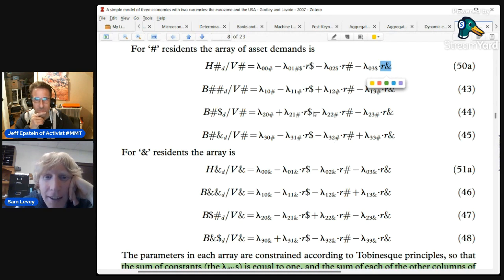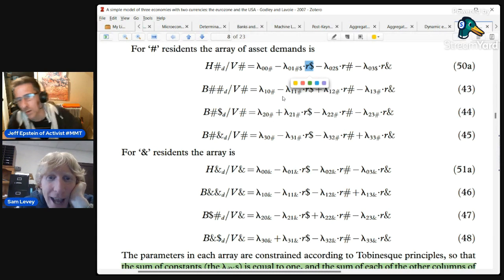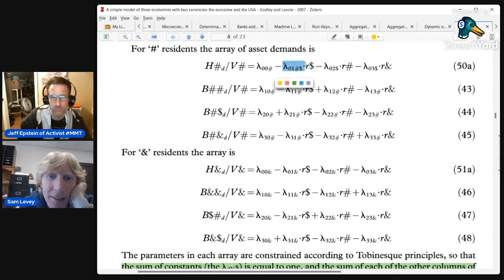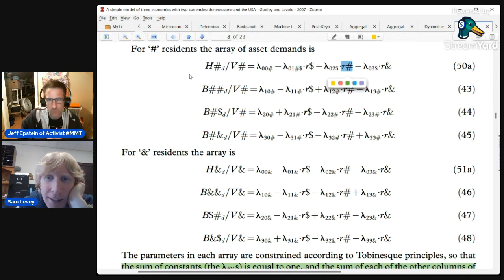And so these parameters, or coefficients, tell you how much, if the interest rate in the U.S. changes, that is going to affect these demands for these different assets. That's given by these coefficients here. If the interest rate in France changes, how much is that going to affect these asset demands? That's given by these coefficients in this column. And if the interest rate in Greece changes, how much is that going to affect all these asset demands? That's given by these parameters in this column.